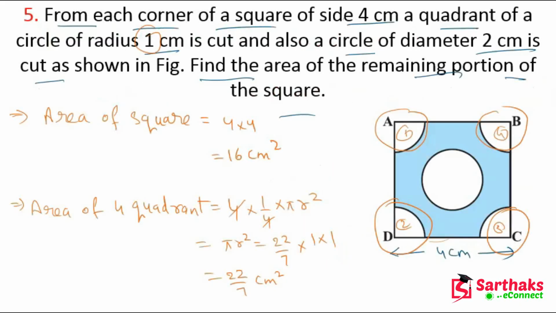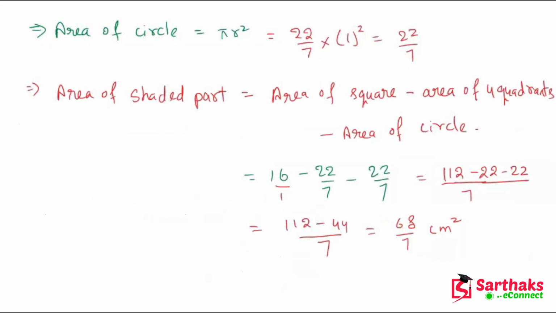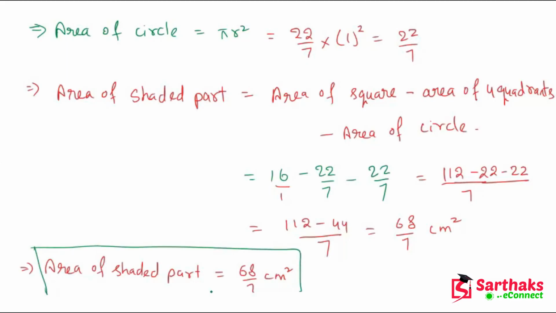So the area of the shaded part is 68 upon 7 centimeter square.